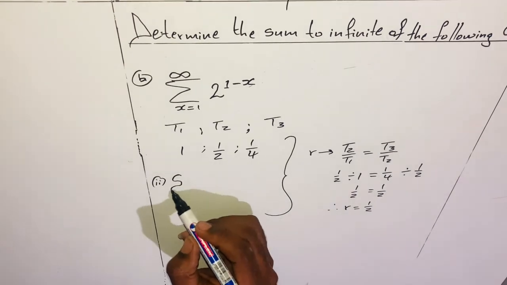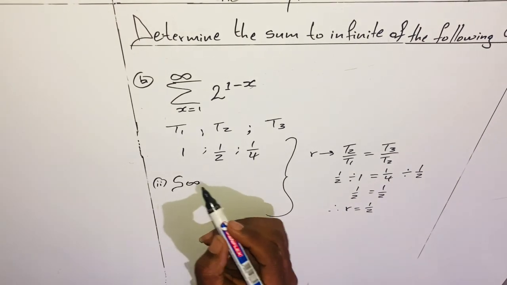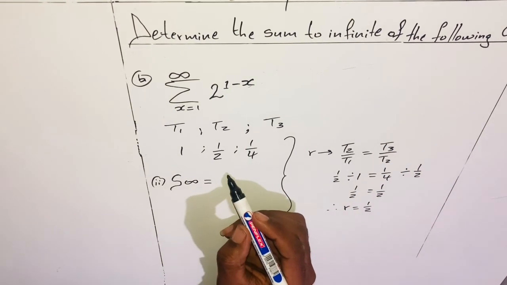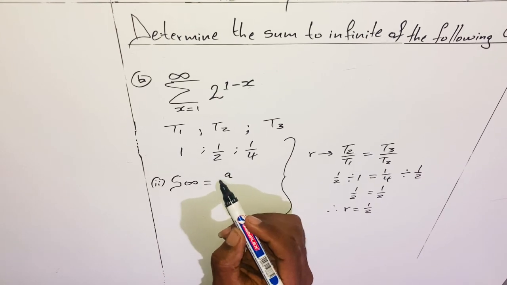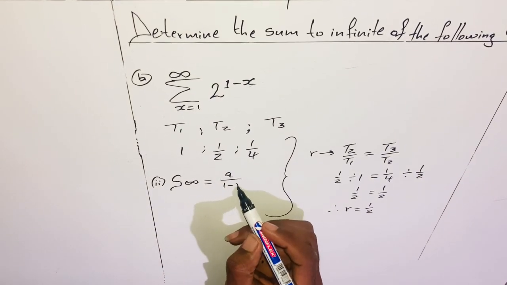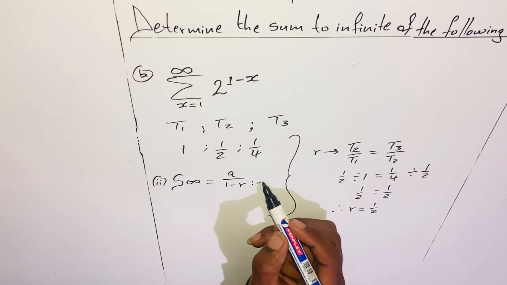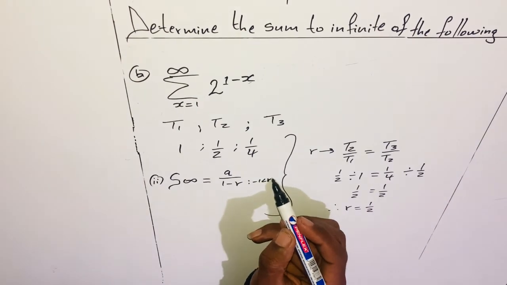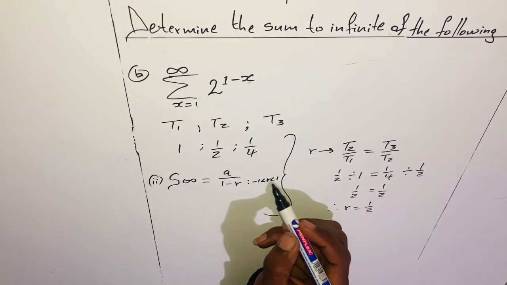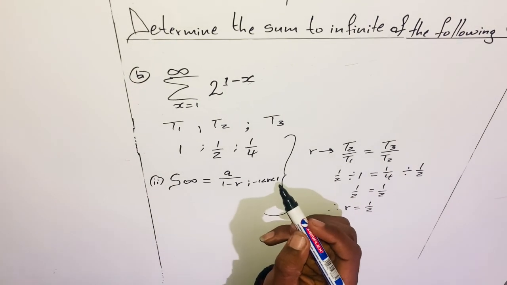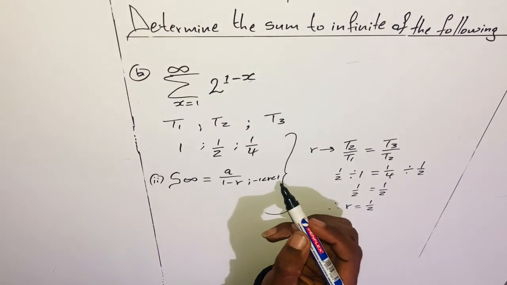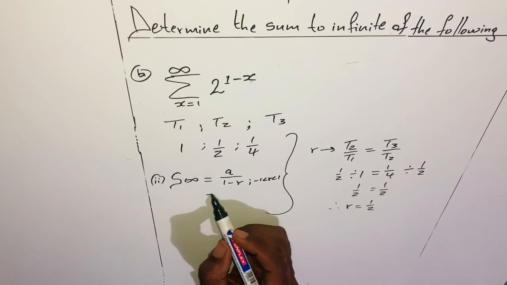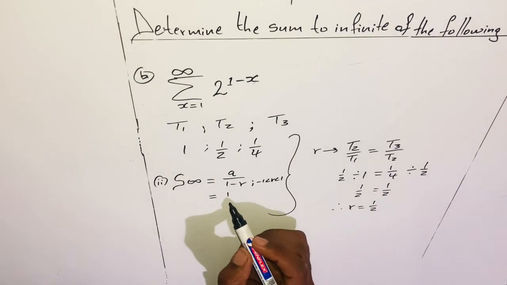My sum to infinity, this is the formula that I'll use, a over 1 minus r. Also bearing in mind that the condition for this is that r is supposed to be between -1 and 1. Then my first term is 1.